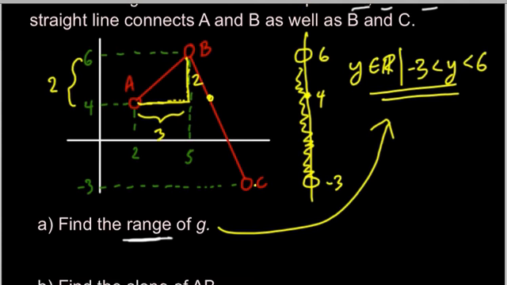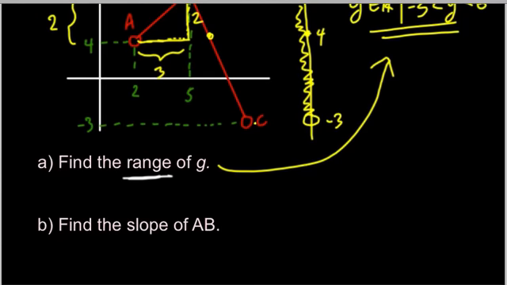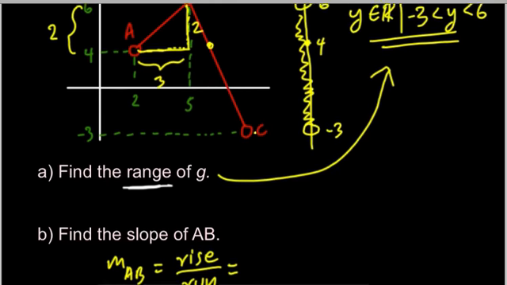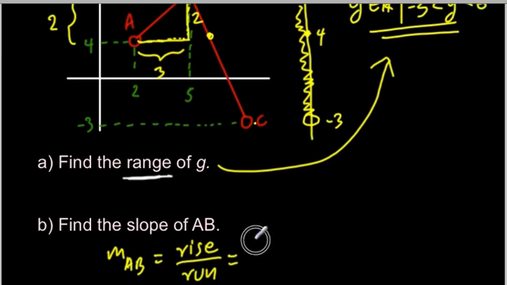So you can do this 2 ways. You can say the slope of AB, so m of AB, is equal to rise over run, right? And you can say, based off the diagram, it's basically 6 minus 4 divided by 5 minus 2.